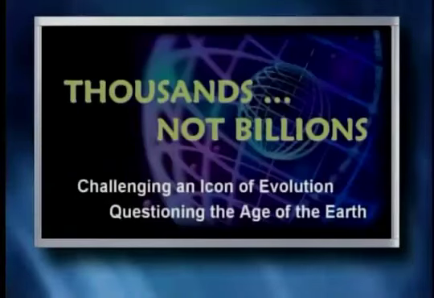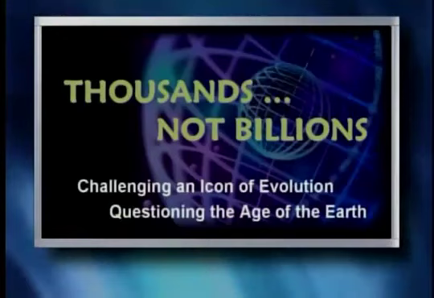We're talking about thousands, not billions of years. Your evidence is really challenging what you call one of the icons of evolution. That's right. The billions of years of age for the Earth is automatically assumed by the conventional scientific community and our world around us. So it has become an icon of evolution.